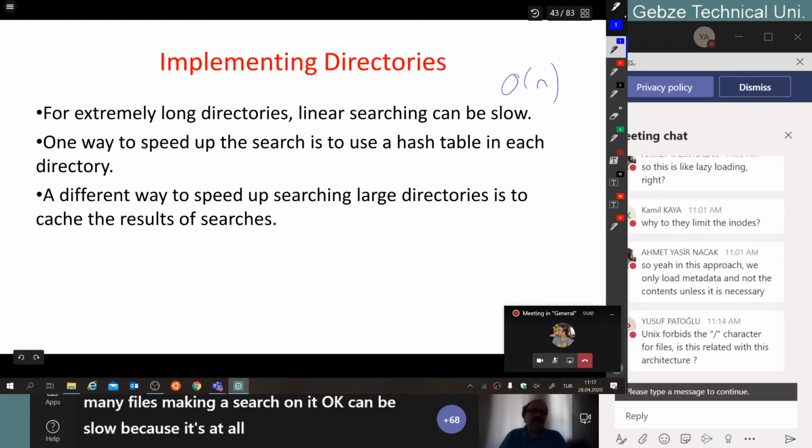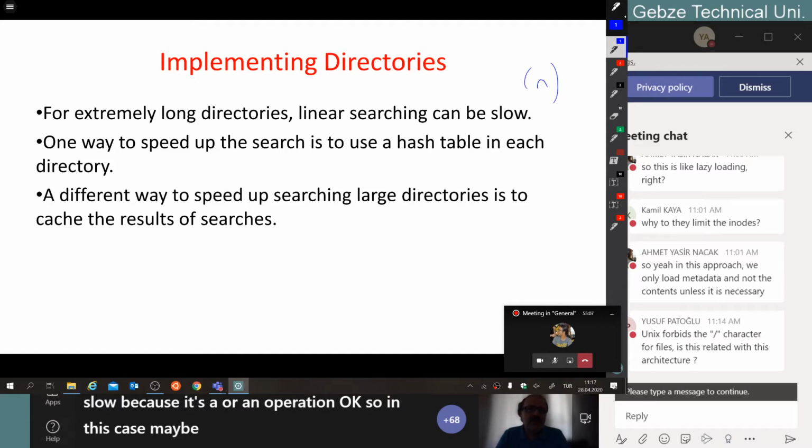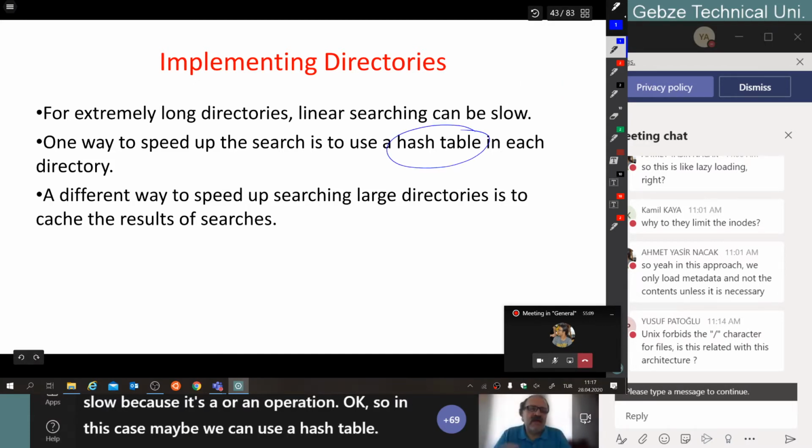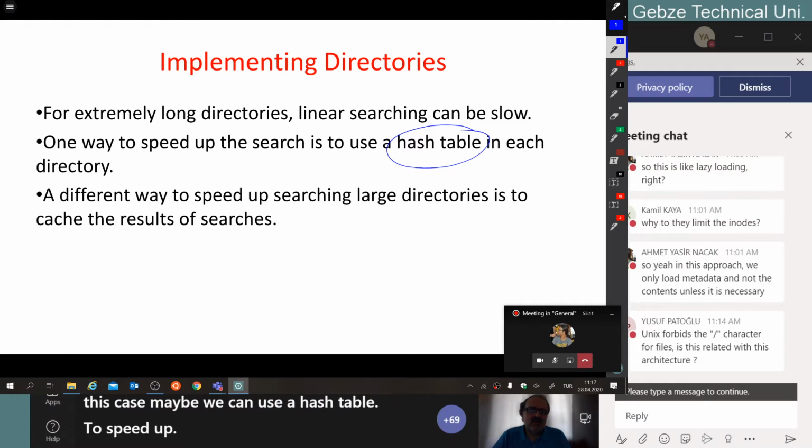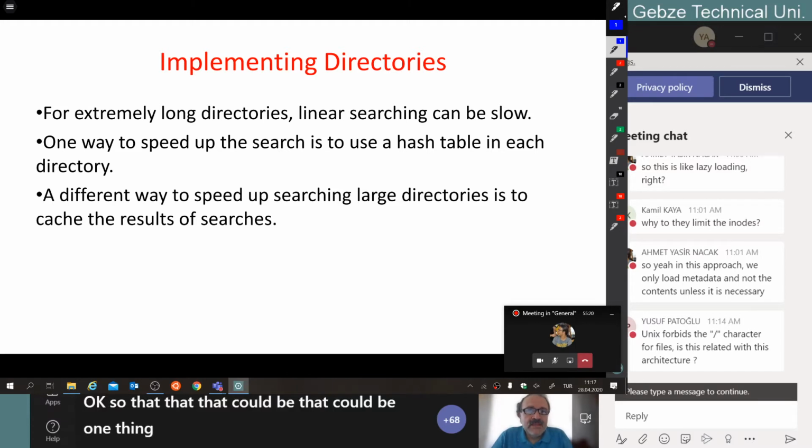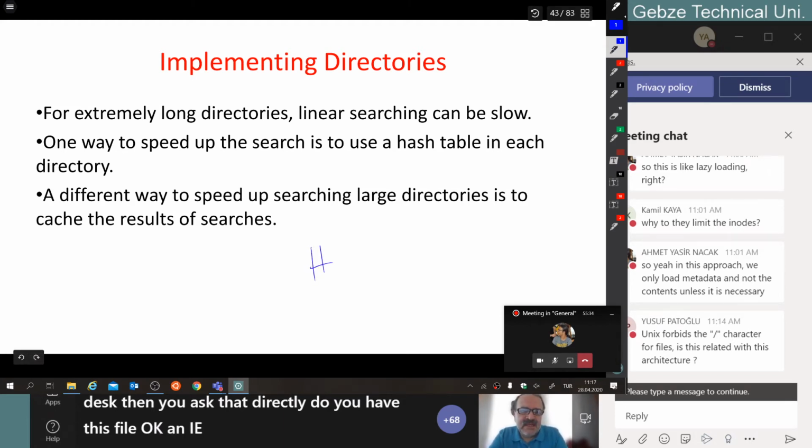operation. So in this case, maybe we can use a hash table to speed up my searching of the files inside my directories. So that could be one thing. This hash table is a table on the disk. When you ask that directory, do you have this file? And how does the hashing work? Let's say this is my hashing function.